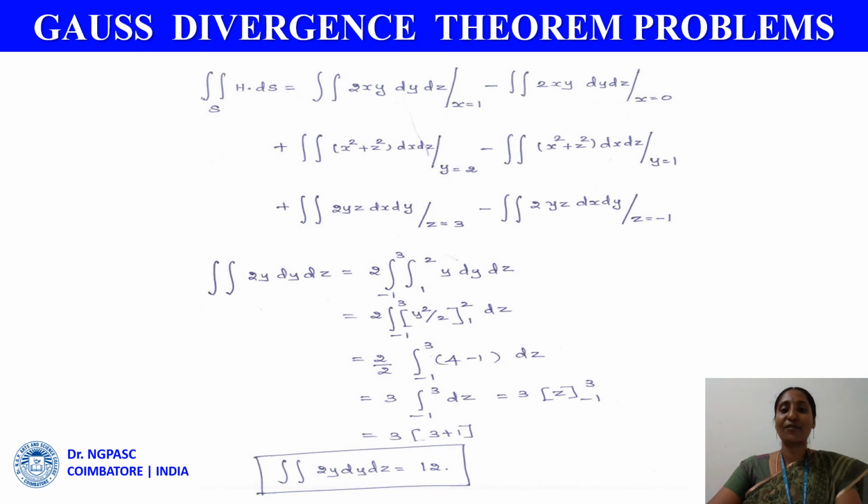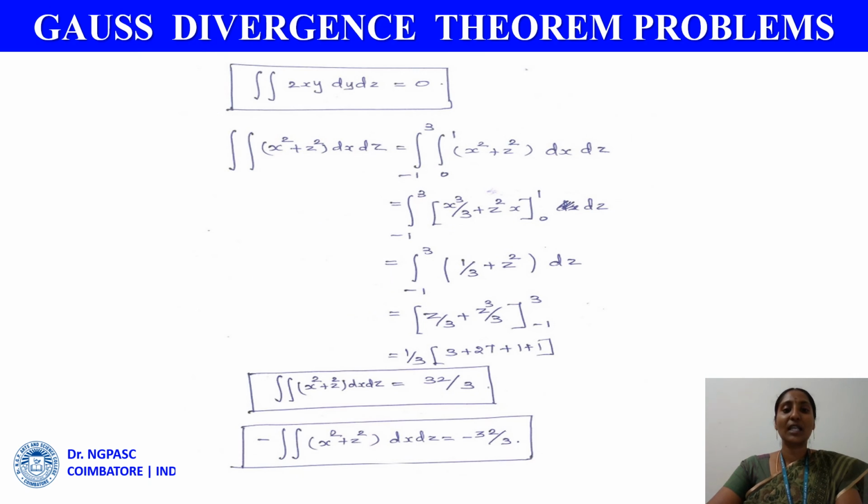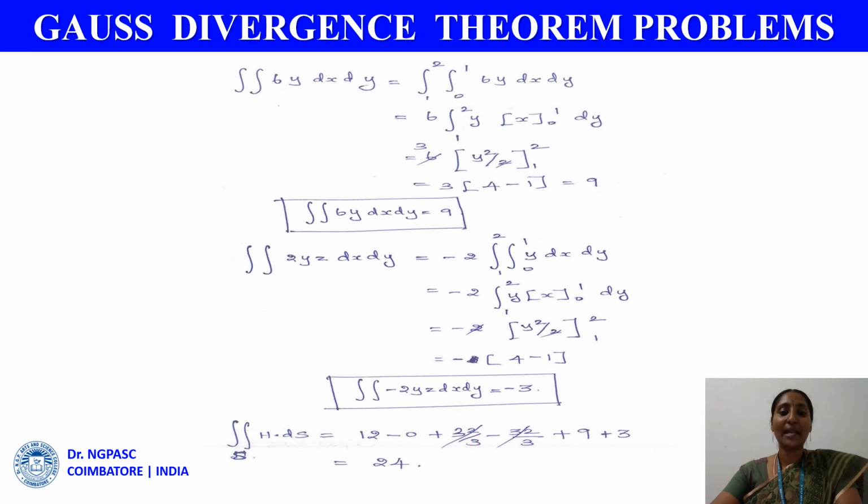Here you substitute and the answer is 12. For the next one, the answer is 0. For the third one, the answer is 32 by 3. Here you integrate with the normal integration steps. And for minus y, the answer is minus 32 by 3. For the top and bottom, you get the value 9, and the same for the other face, the value is minus 3.